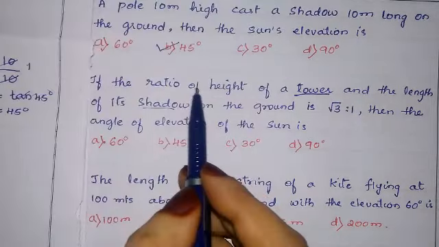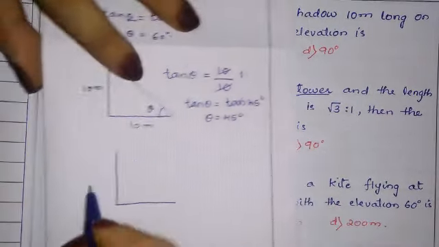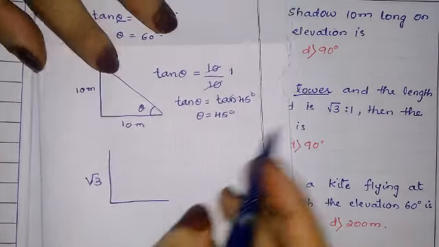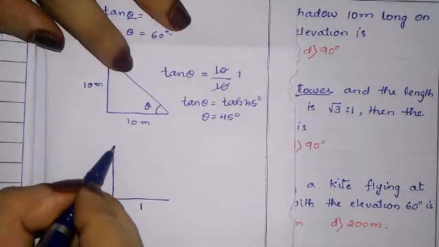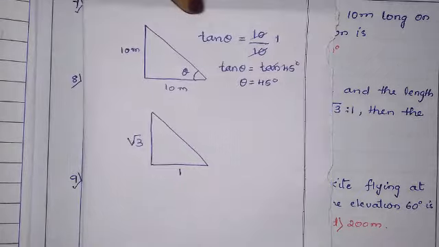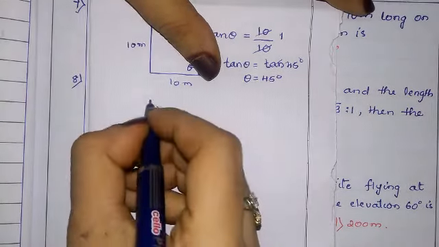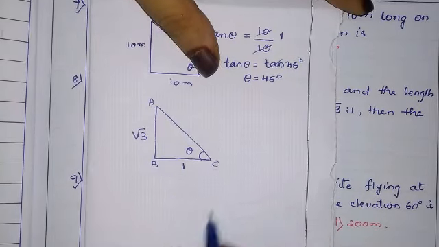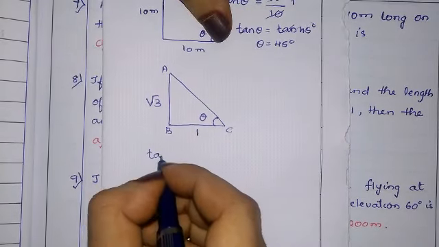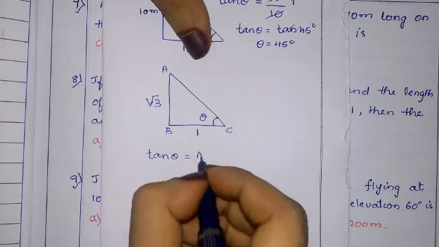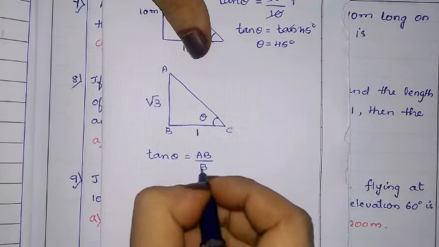Height of the tower is root 3 and its shadow is 1. So again they have asked the same question. What is the sun's elevation? That is nothing but theta. A, B, C. So again tan theta is equal to AB upon BC.